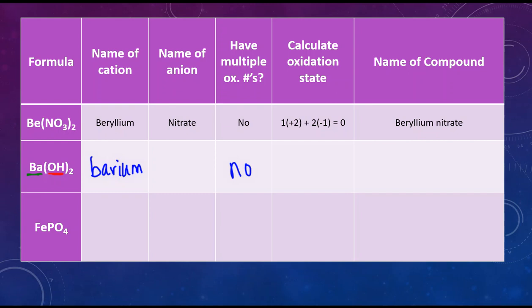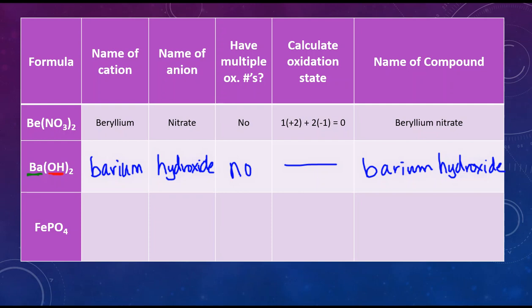It is hydroxide. Very good. So we would write out hydroxide here. We don't have to do any calculating because we don't have to figure out a Roman numeral. So this one's name is just barium hydroxide. Very good.